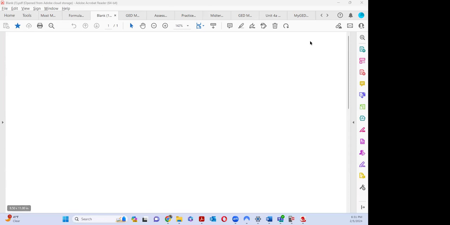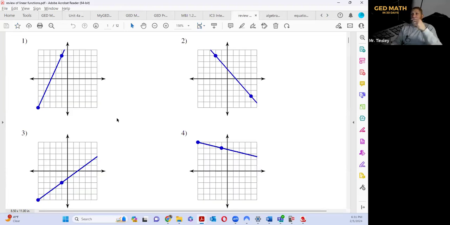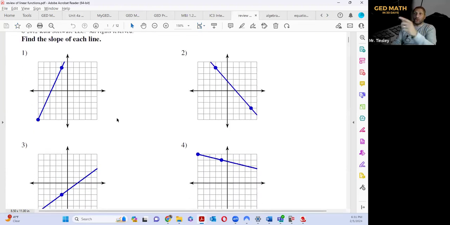But what I'm saying is, this is what you have to learn how to do. Let me go back to here. For example, go to this review sheet. This right here, you should be able to find the slope of these lines. You should know that 1 is positive, 2 is negative, 3 is positive, 4 is negative. You should be able to get rid of 2 of the multiple choices just because you know it's positive and negative.